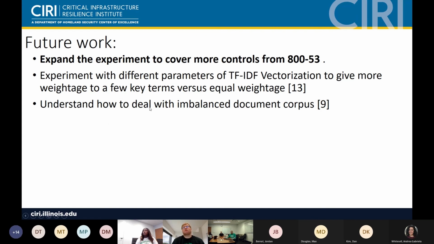And finally, of course, we need to understand how we can deal with an imbalanced document corpus. The imbalance here is that in the case of controls, there is a long description because it describes an activity that an organization must take. But task, knowledge, and skills are more atomic in the sense that they describe one very specific item. So what we are trying to find and against what we have is quite imbalanced.